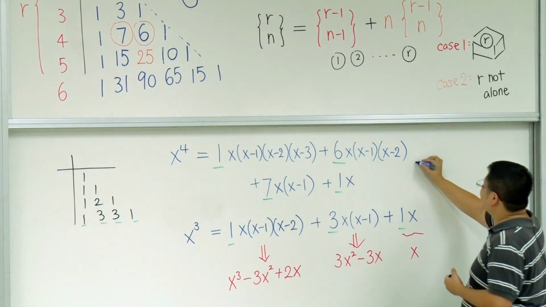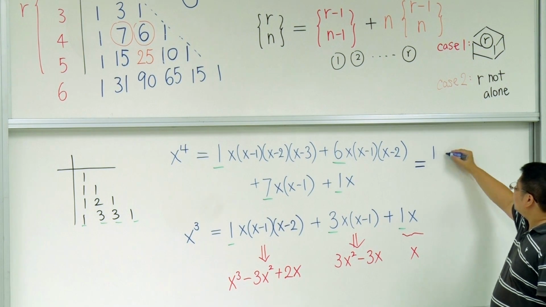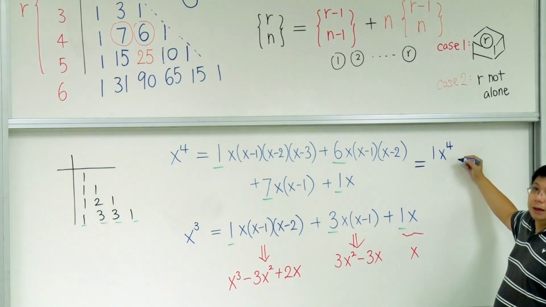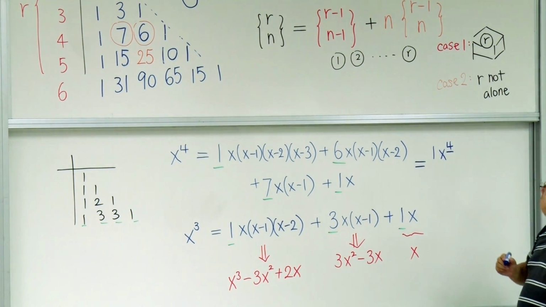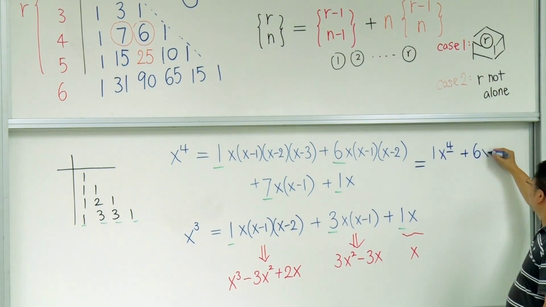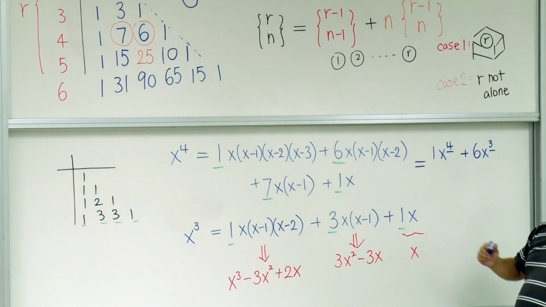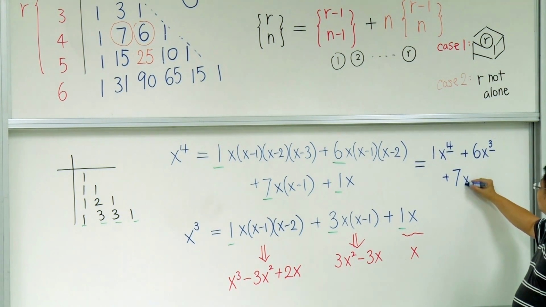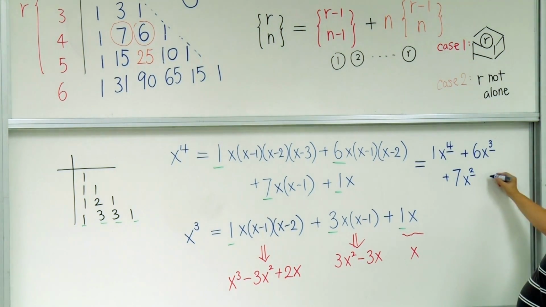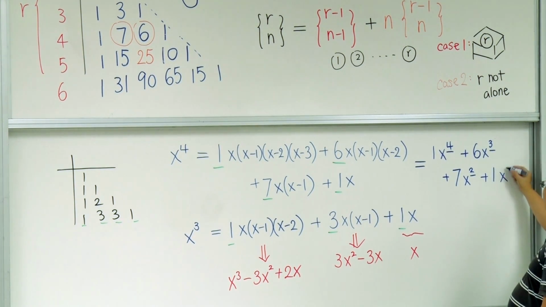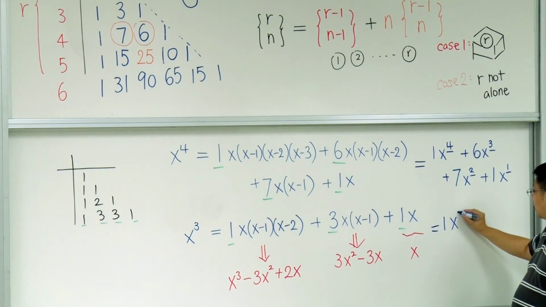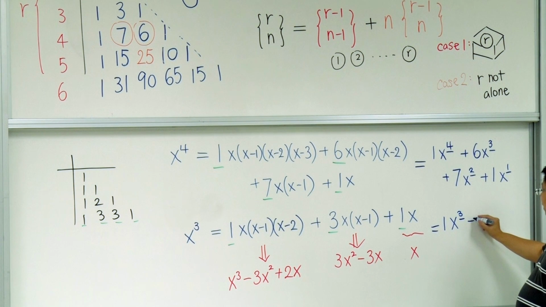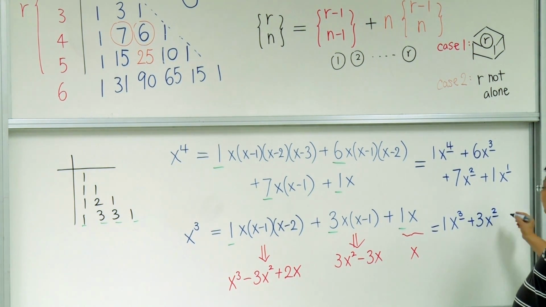So you can actually write it compactly here as 1 times x to the power 4 falling, you start from x and then x minus 1, plus 6 times x to the power 3, again falling power, plus 7x to the power 2 falling power, and then plus 1x to the power 1 falling. And for this one, this is equal to 1 times x to the power 3 falling plus 3 times x to the power 2 falling plus 1 times x to the power 1 falling.